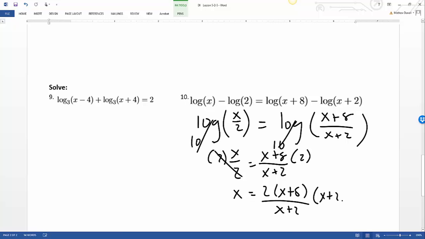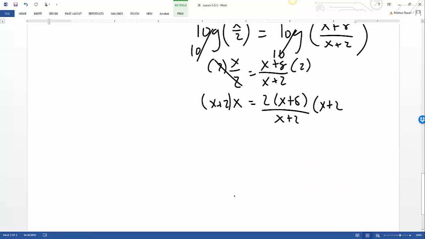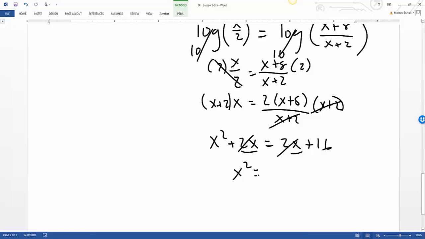Multiply by x plus 2. So multiplying it out, subtract, square root.